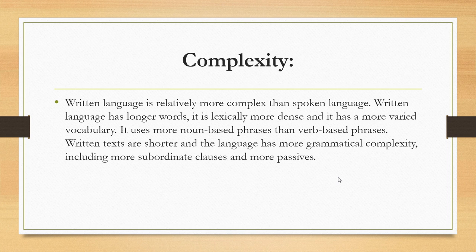Written language will have more passives, and for the most part the clauses will be subordinate clauses. So that is why it is complex: passives are complex, and subordinate clauses are also complex.